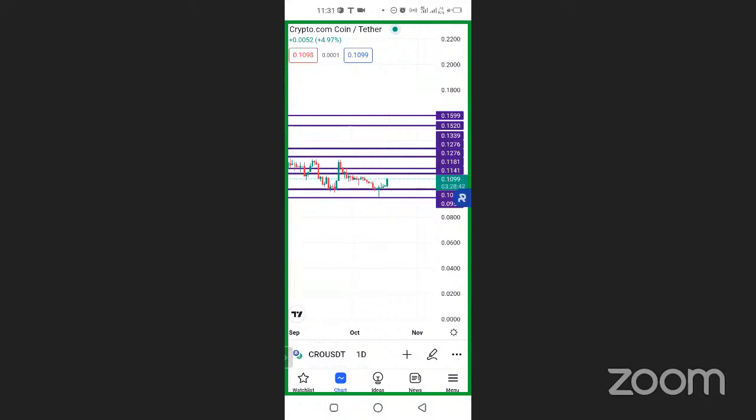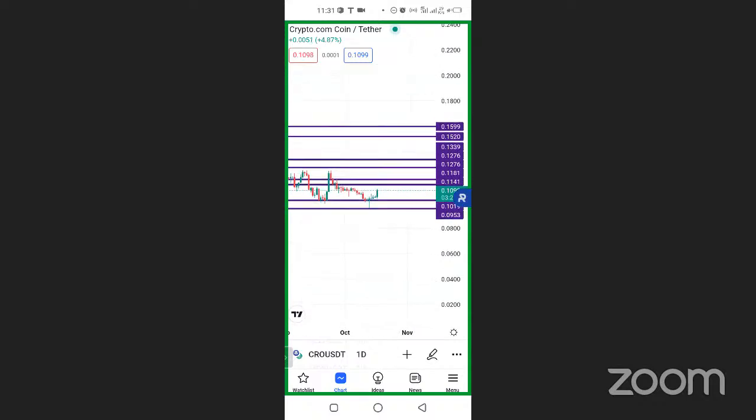You see, it has respected our support. The market has not penetrated our lower lines. Up to that, it has respected. Now, you have a sure deal, it's going to move up to this upper line. You see this upper line here?